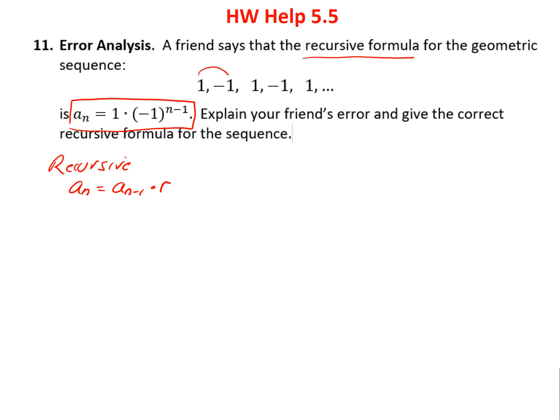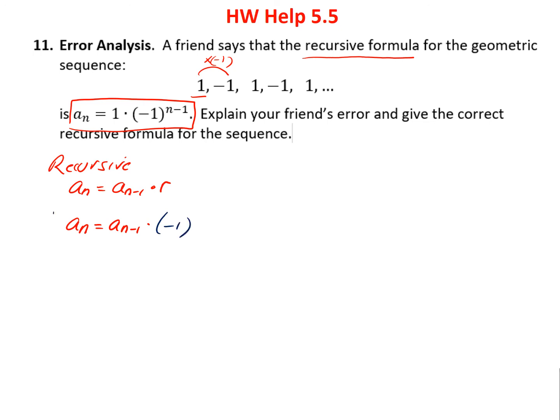And if you look here, you can see that the first term is 1, and the common ratio is times minus 1. All right? So if I'm writing the recursive, I would simply write a sub n equals a sub n minus 1 times negative 1.